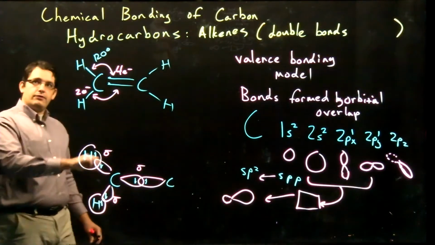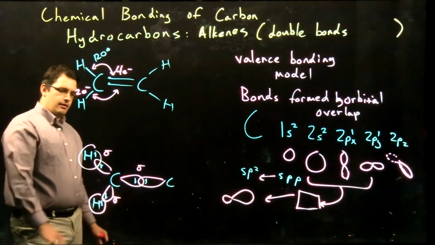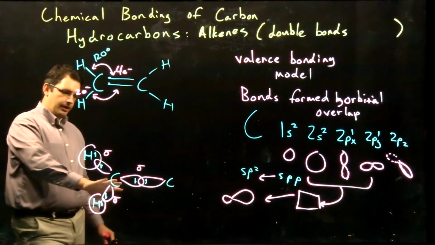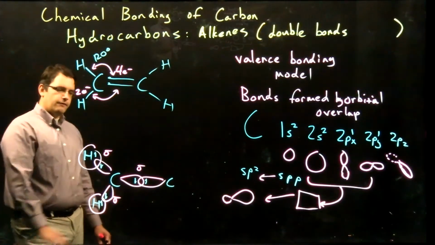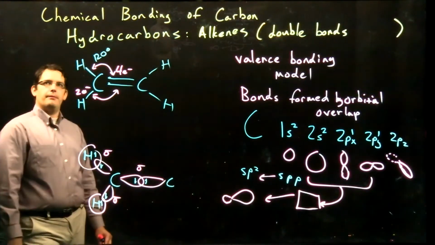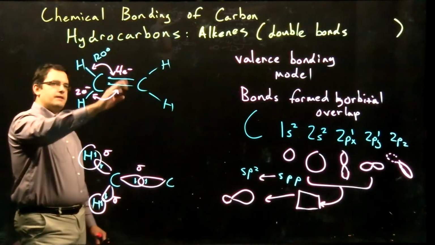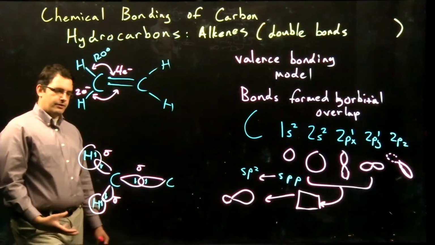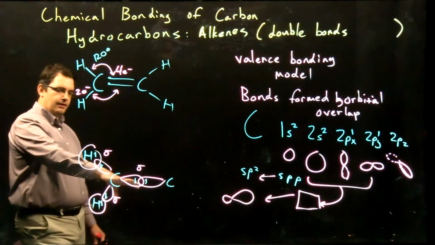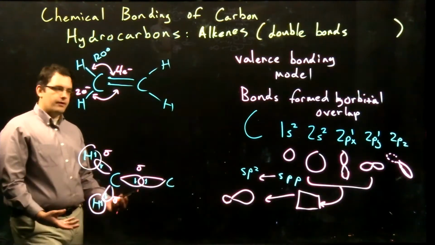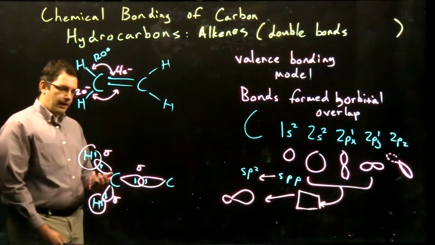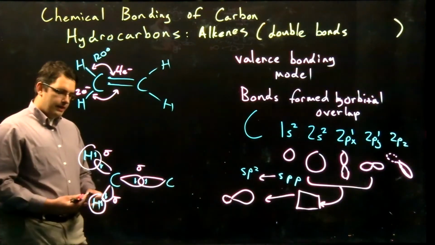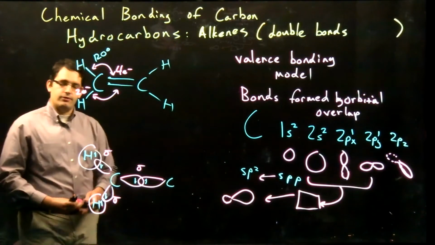Now, as we look at this structure, we're obviously missing something here, right? I only have 2 electrons that I'm showing here overlapping between my 2 carbon atoms. But as we know, this is a double bond, and I should have 4 electrons. Where is my other bond? Where are my other 2 electrons? Well, in order to show that other bond, I need to think about where my last electron is, right?